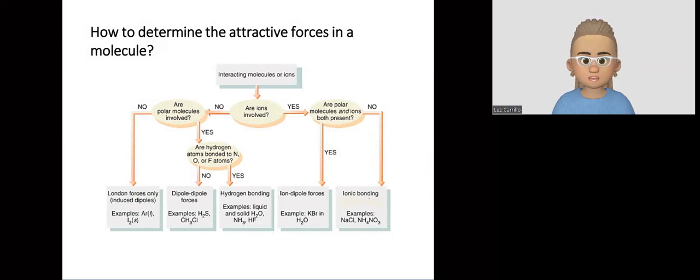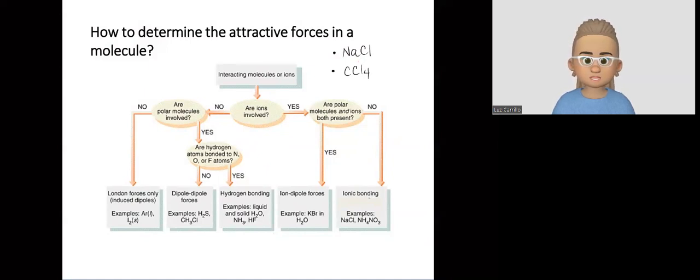Let's say that we have the following molecules: NaCl and carbon tetrachloride, just to use these two examples. Let's first use the example of NaCl in order for us to understand how to utilize the flowchart.